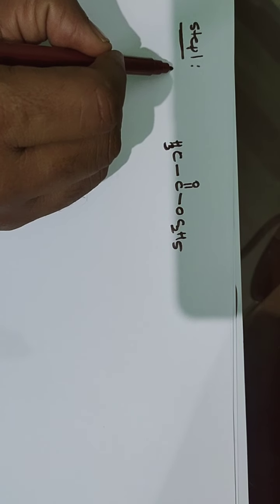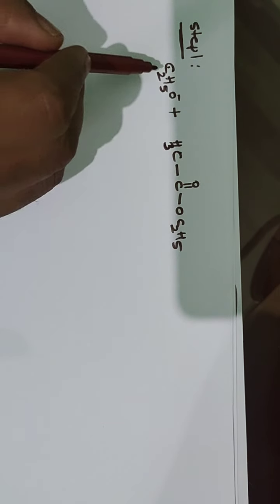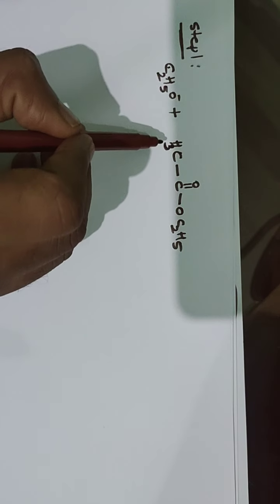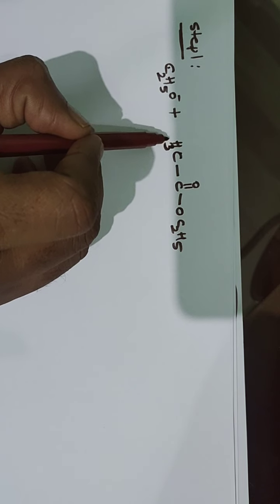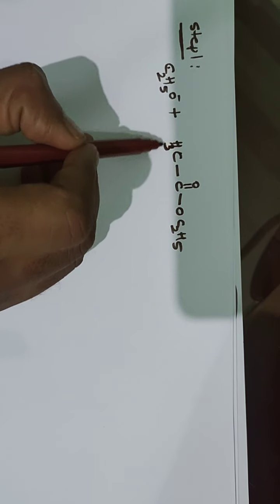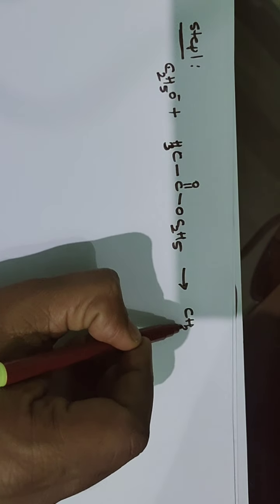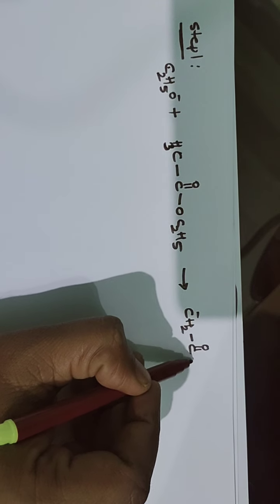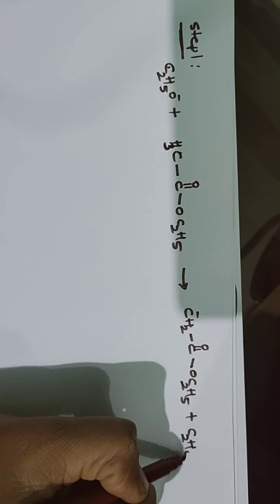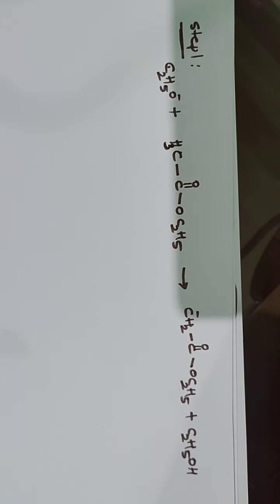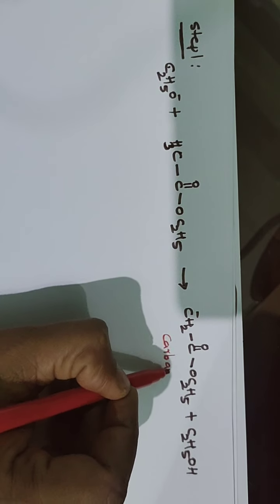In presence of a strong base like ethoxide ion, since this hydrogen is acidic, the ethoxide ion, a strong base, abstracts this proton. It results in the formation of CH2minus C=O OC2H5 plus C2H5OH. So a carbanion is formed.